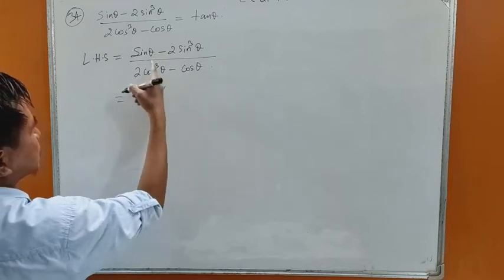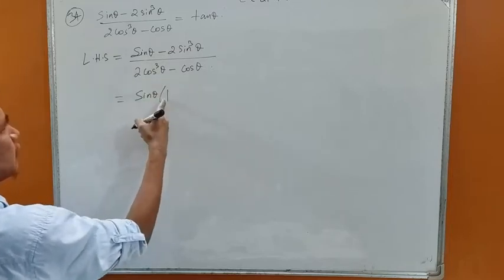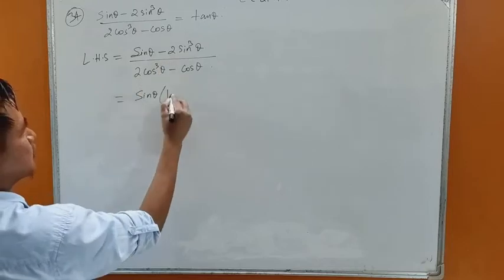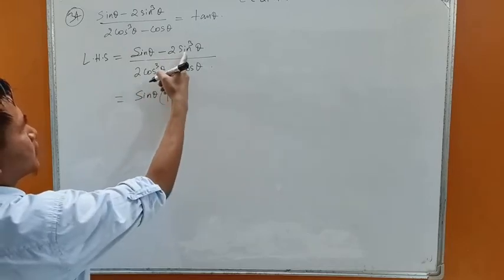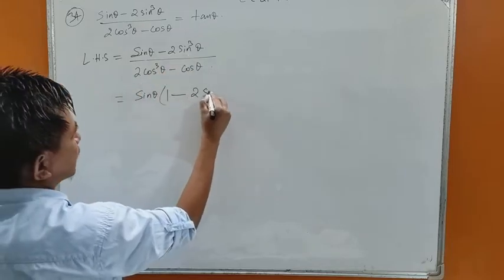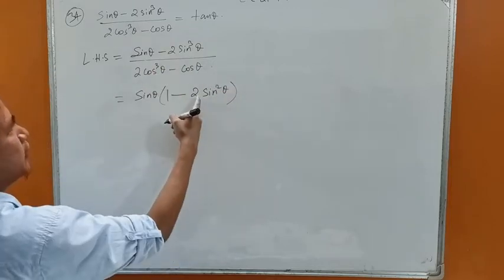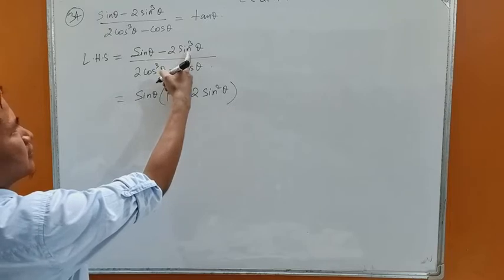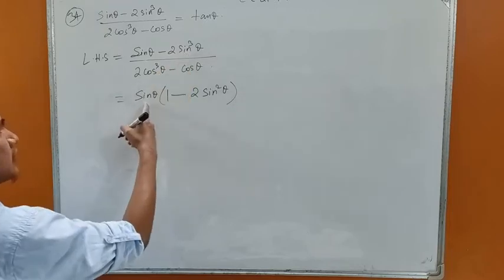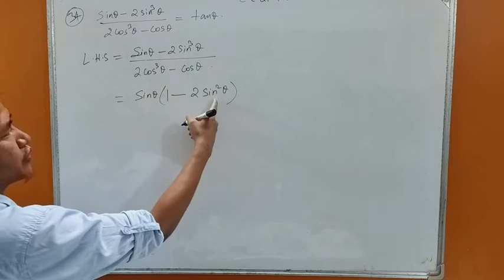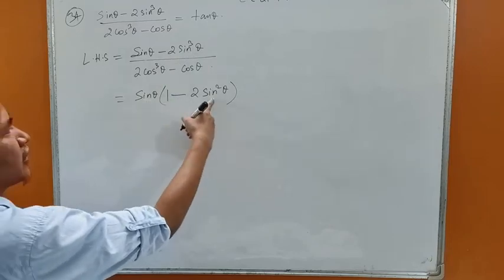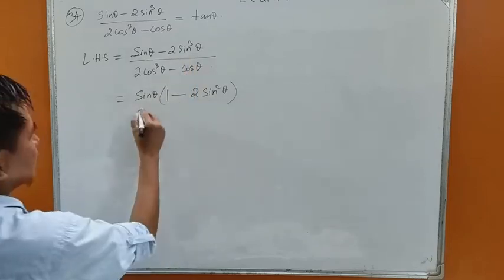Within the bracket remains 1. Sin theta into 1 is sin theta. This minus comes here, so we have 2 sin square theta left within the brackets. There was 2 sin cube theta in here. One sin theta is taken out and 2 sin square theta remains within the bracket. Sin theta into sin square theta is sin cube theta.